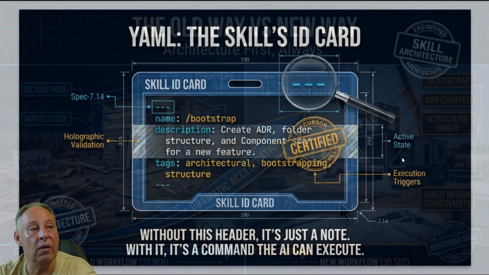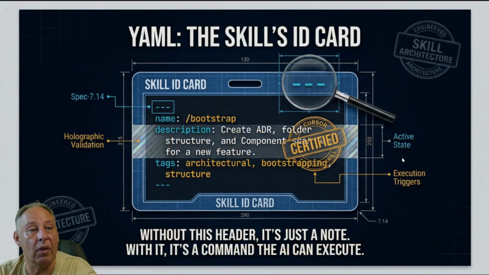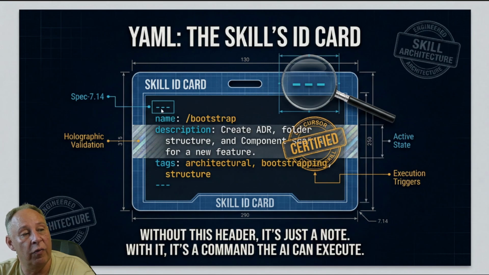All right, so if you look at skills, that first top part of a skill we call YAML code. And basically it starts off with 3 dashes and it ends with 3 dashes. In between you'll give a key value pair. It's something you'll work with often.